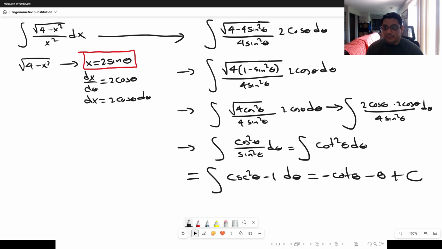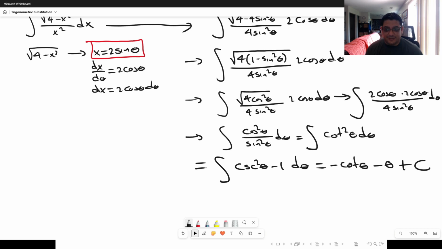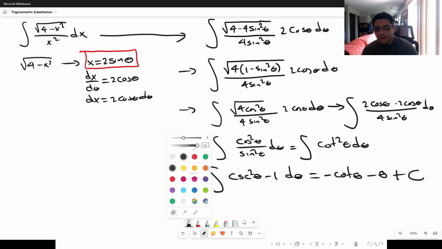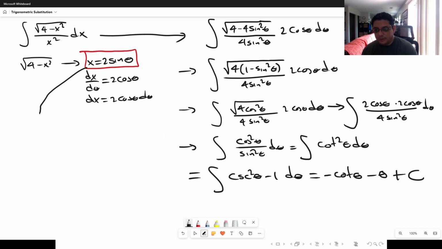But now the problem is that I need to get back to x. So here's where this sine of theta comes into play. I need to replace whatever this cotangent of theta is, and I need to replace this theta. So from here, there's a couple things that we do.